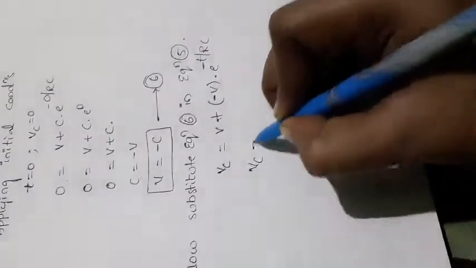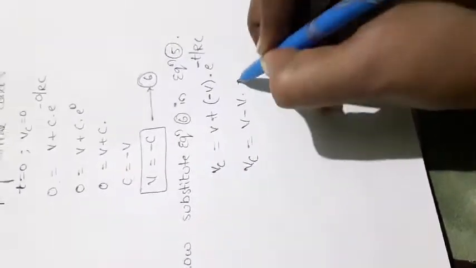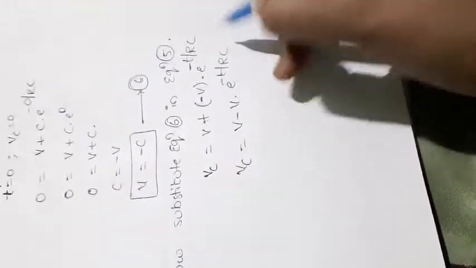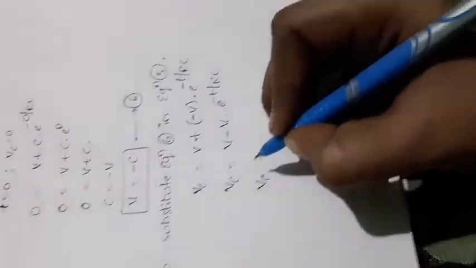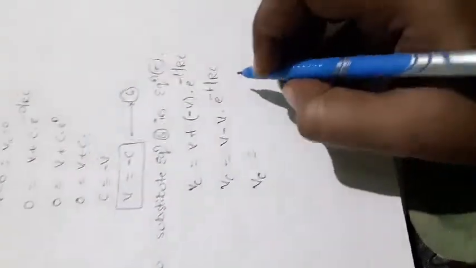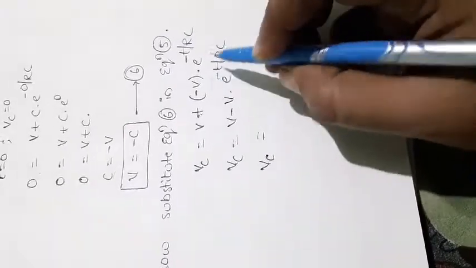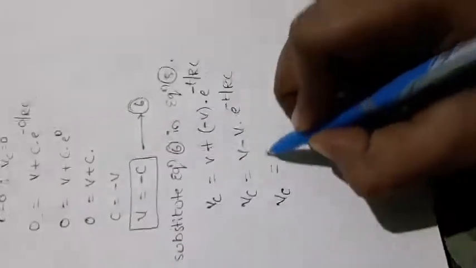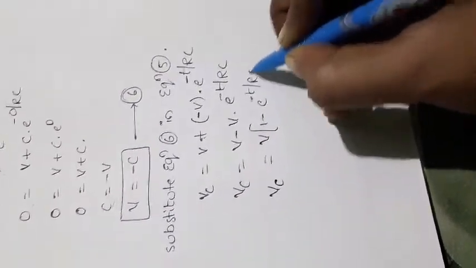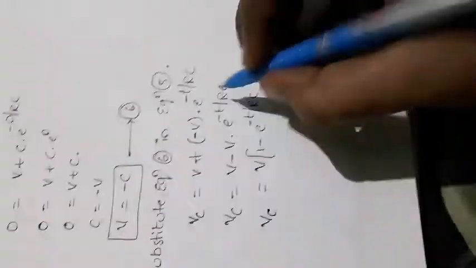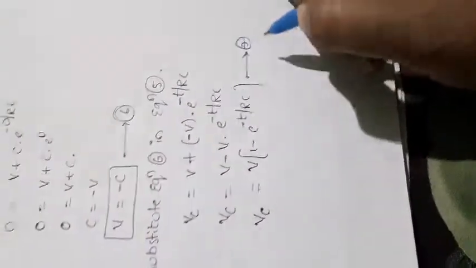Then we'll get Vc is equals to V minus V into e power minus t by Rc. These two terms have V, no? So you can rewrite this with V as common. So 1 minus e power minus t by RC we are getting. Okay, so this is our seventh equation.